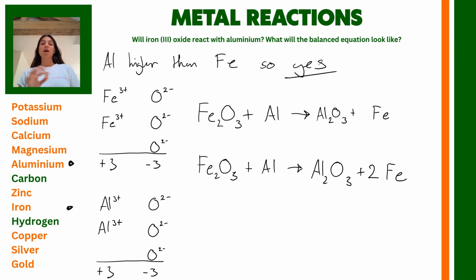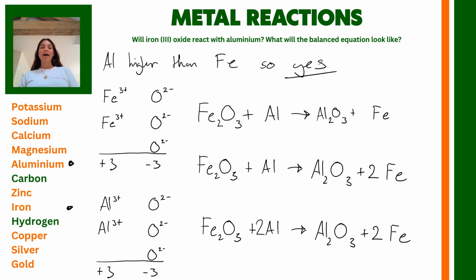On my right-hand side, there's only 1 iron, so that's why I've added the 2 in front of the iron on the right-hand side. And am I balanced? Not quite, because for my aluminium, on my left-hand side there is just one, and there are two on the right-hand side, so put a 2 in front of the aluminium on the left-hand side, and then we are all balanced. That's my final balanced equation.